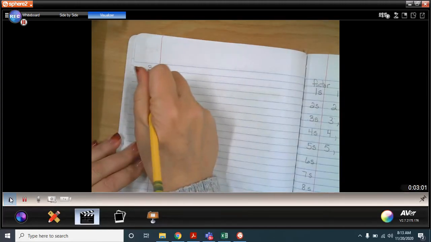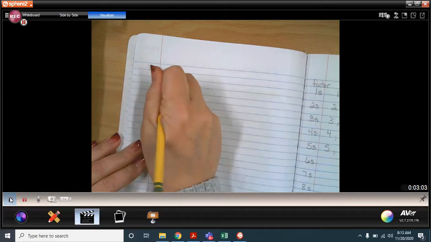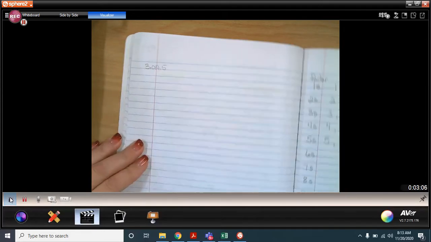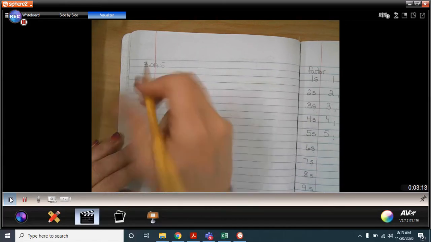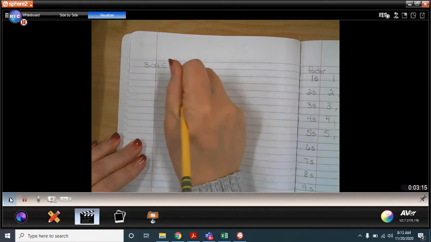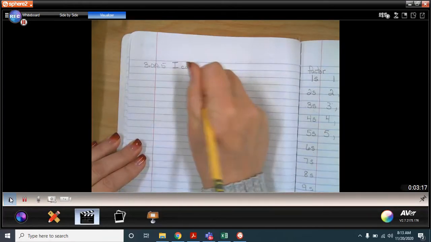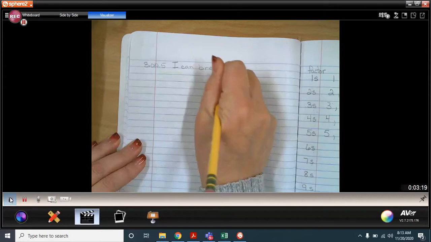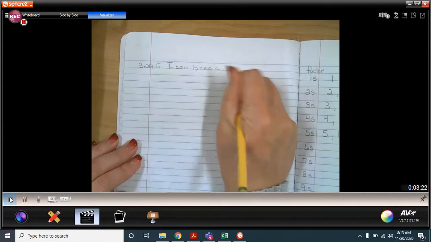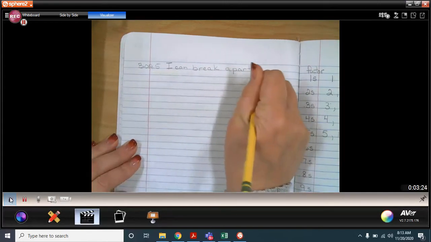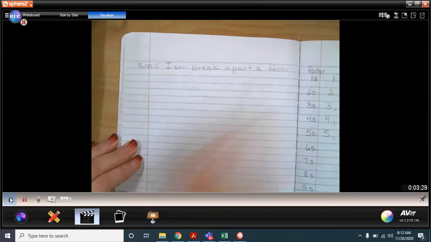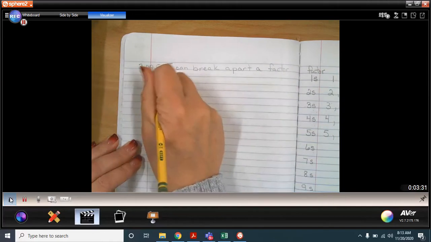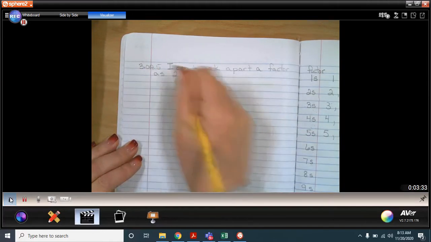Again, this is 3OA.5, and we are going to write, I can break apart a factor as 2 addends.